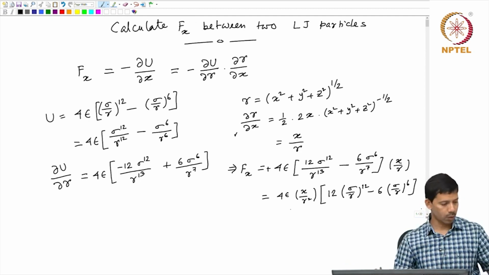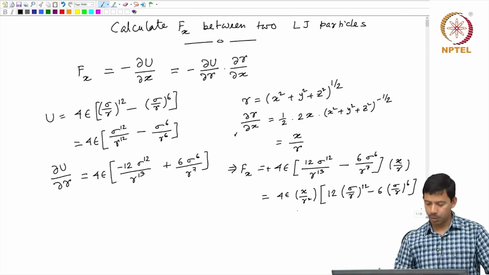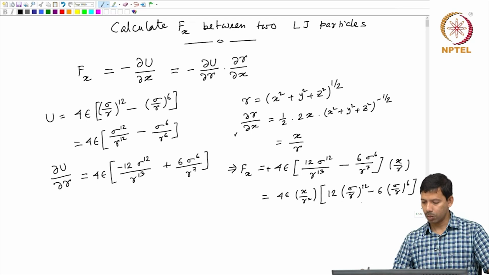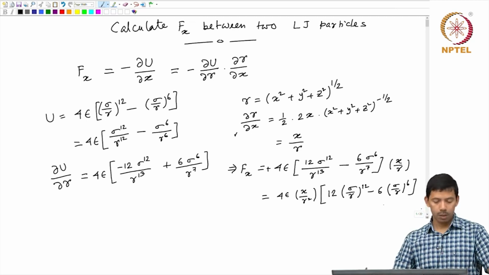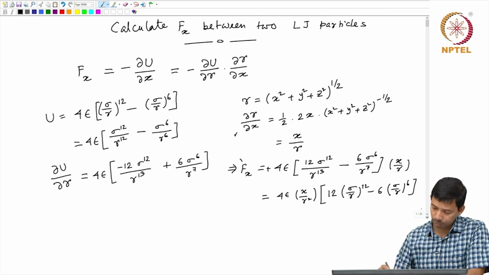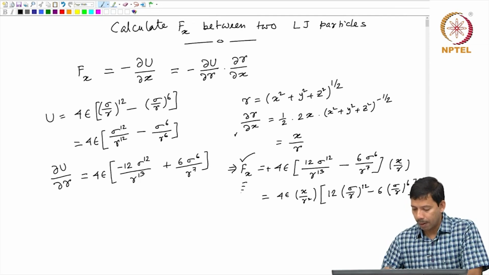Let's see if we got it correct. So that's your x component of force between two Lennard-Jones particles.